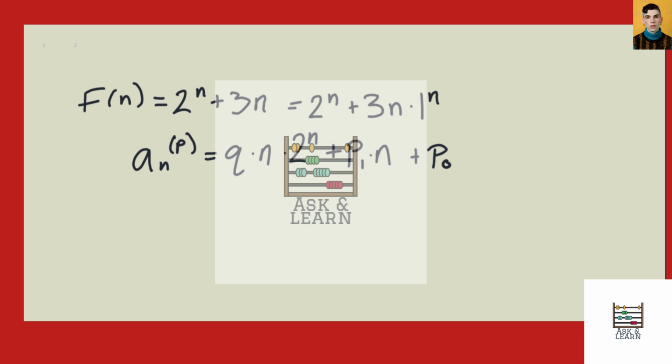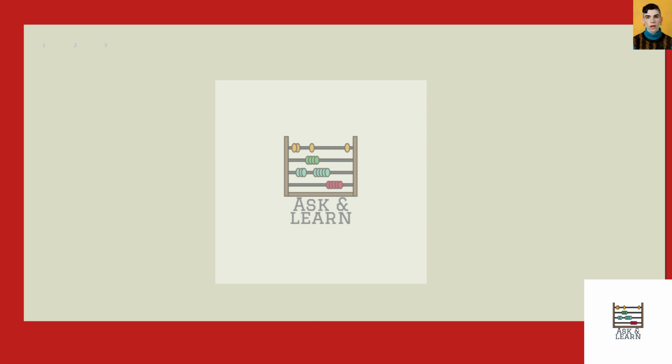So the thing is, this particular solution needs to satisfy our recurrence relation, right? So what we're going to do then is put it into our recurrence relation. So the recurrence relation being a_n equals 5a_(n-1) minus 6 times a_(n-2) plus 2 to the power of n plus 3 times n.